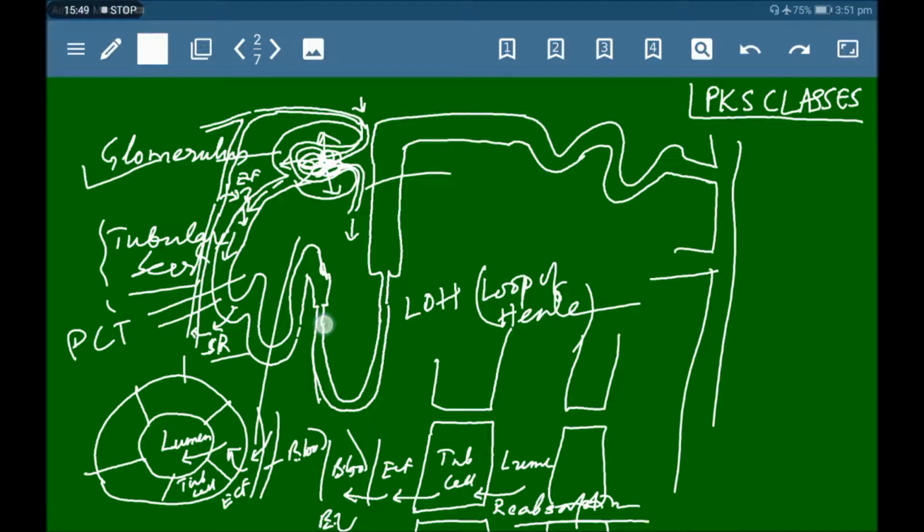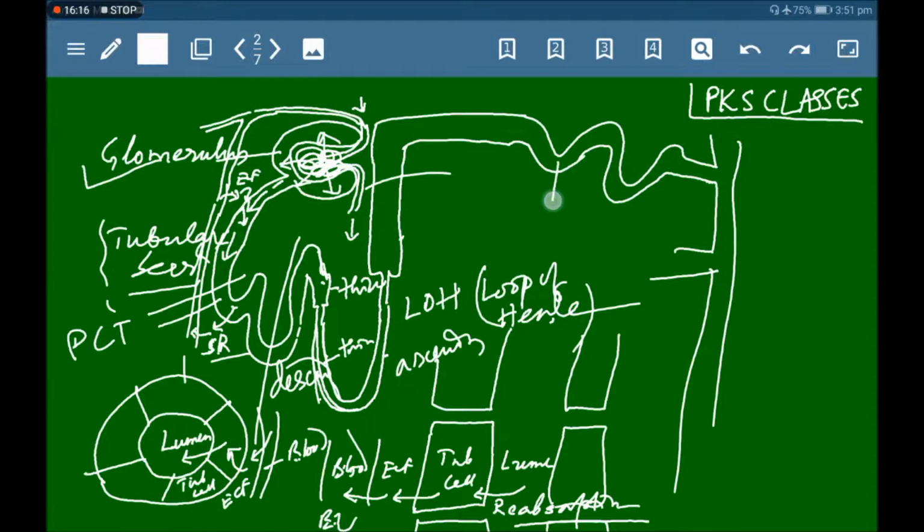So this is the thin part and this is the thick part. This is the ascending part and this is the descending part. So the loop of Henle can be divided into thick descending, thin ascending, thick ascending.